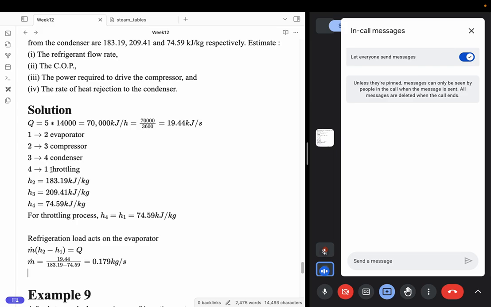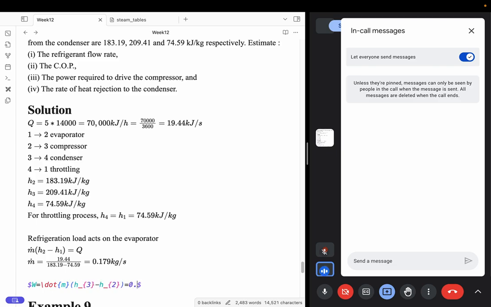In order to calculate COP, we know it's basically refrigeration load divided by the work done. So let us calculate the power first. Work done for the compressor is whatever m dot we have calculated times the compressor inlet minus outlet, because work is being done on it. So it will be outlet minus inlet, that will be H3 minus H2.